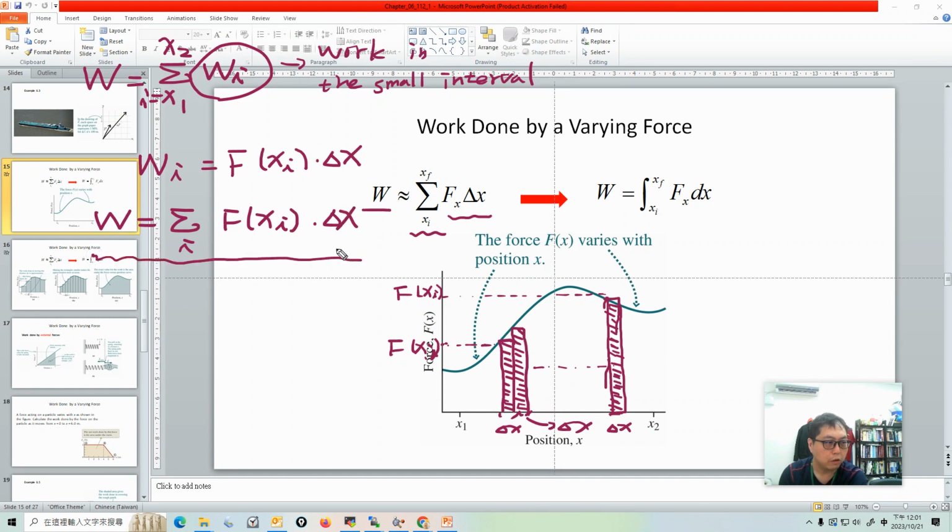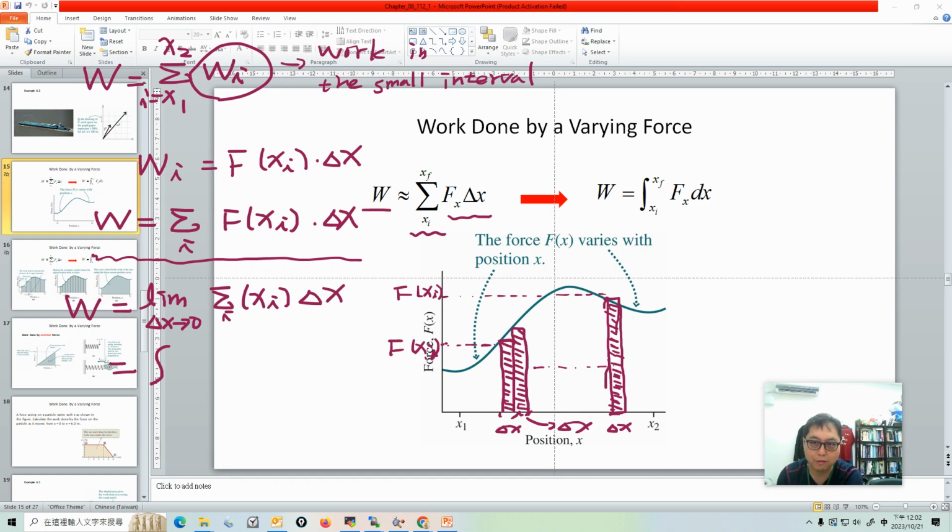You will learn this eventually in calculus class. If delta x approaches zero, that means a very small interval. This is the definition of the integral.